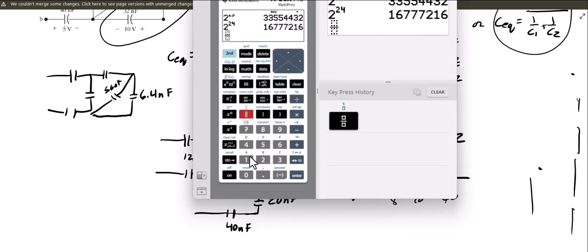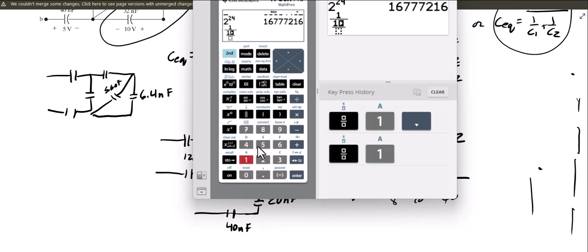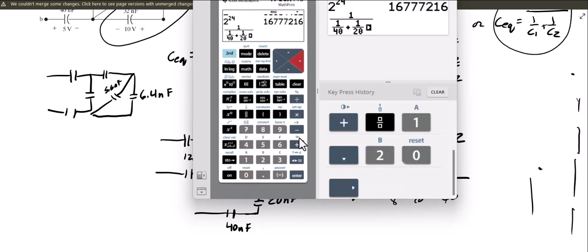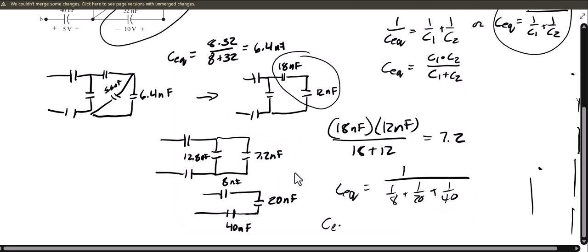So 1 over 1 over 40 plus 1 over 20 plus 1 over 8, and I get 5. So my equivalent capacitance is 5 nanofarads.